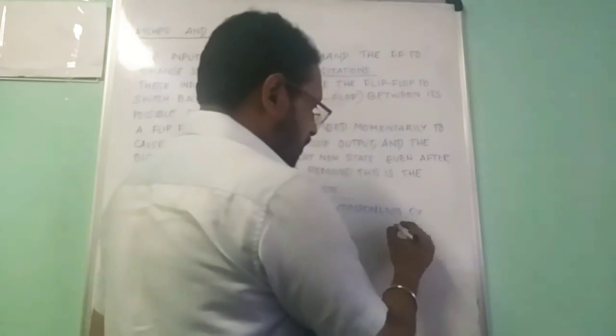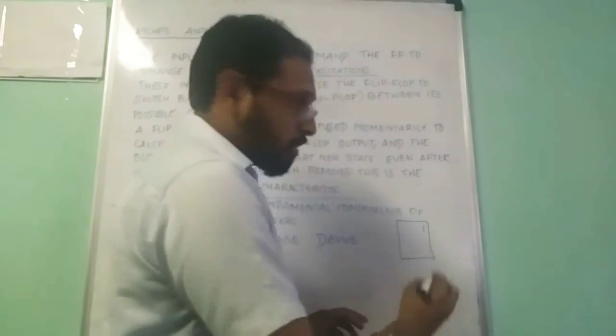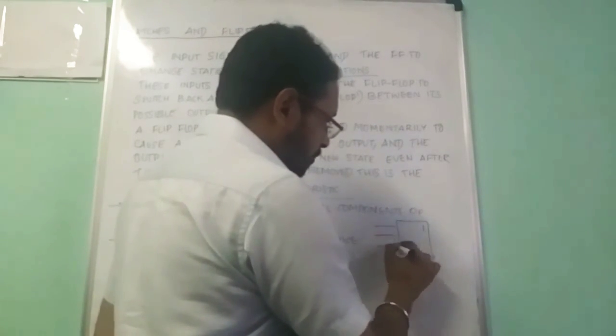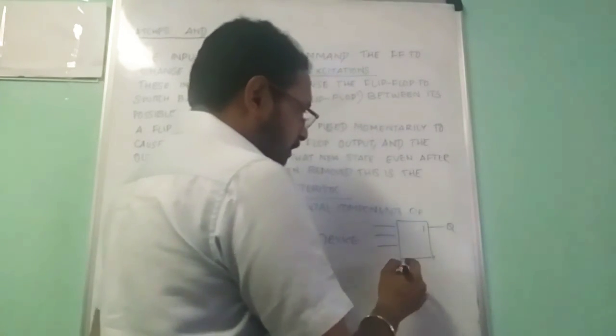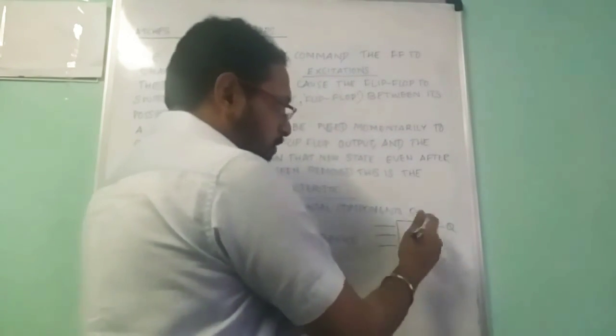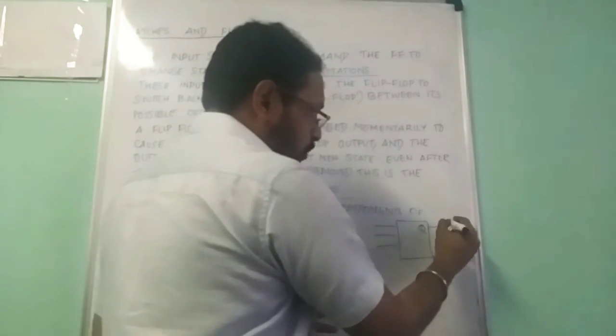But let us consider this is a flip-flop and this is in 1 state. This is the set of inputs and this is the Q output. Okay, this is Q and this is 1.